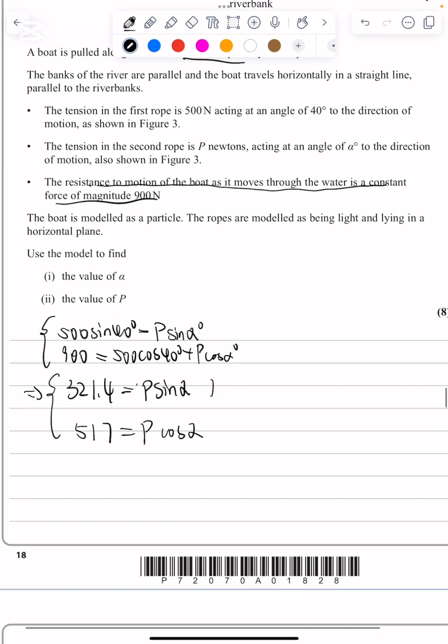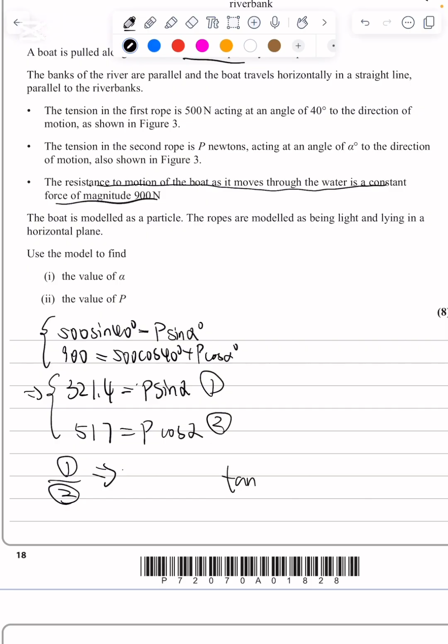And then if we divide one by the other, the right hand side is tangent alpha, equals 0.622.